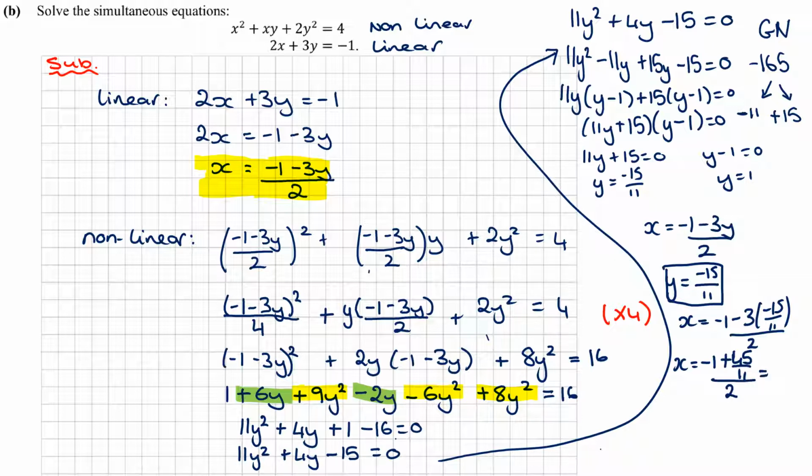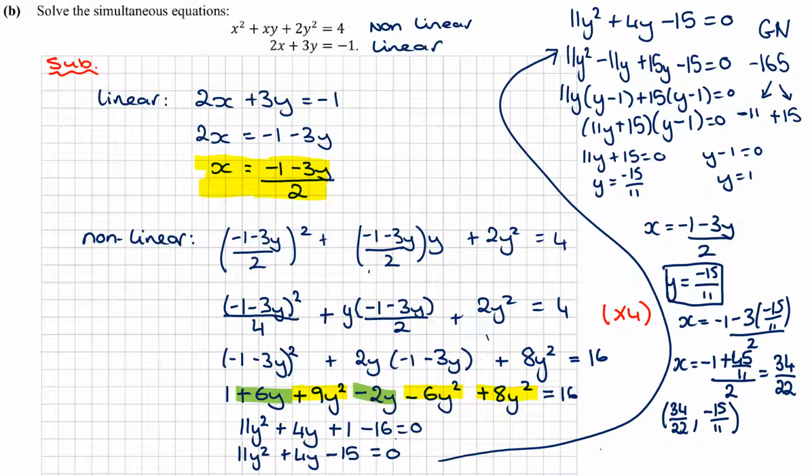And if you want to at this point stick that into your calculator, you should get 34 over 22. So that point is 34 over 22 and minus 15 over 11.